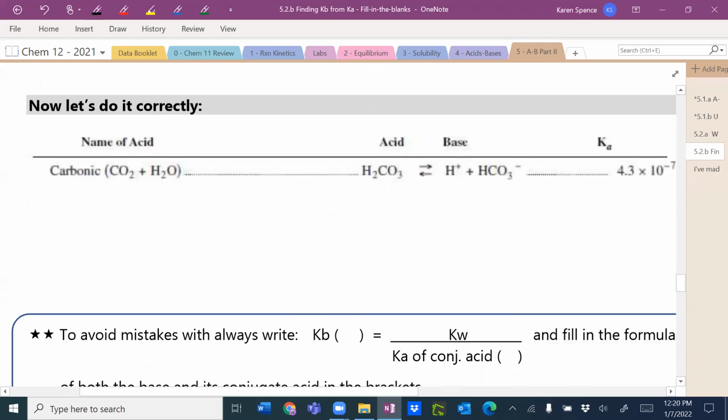Okay, so now let's do it correctly. I am looking for my Kb. So when finding Kb, I'm going to look for HCO3 on the base side.